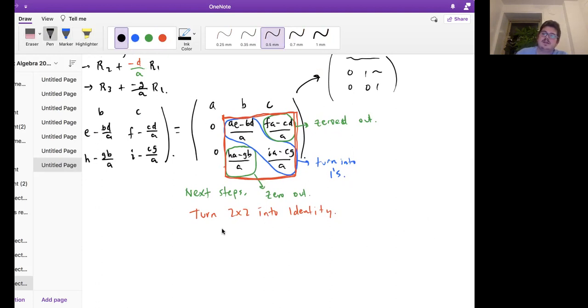If you can't put it into identity, it's supposed to be identity. I'm just gonna put id. Then you get a 0 row.